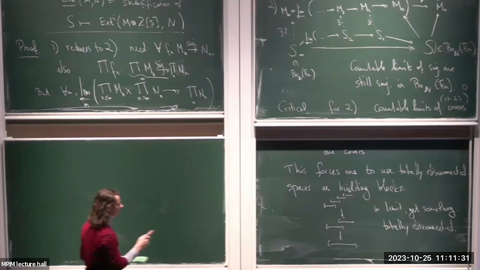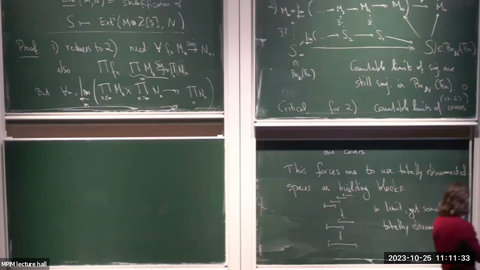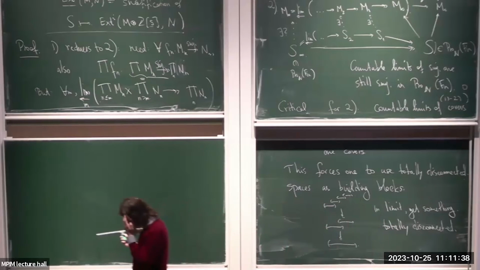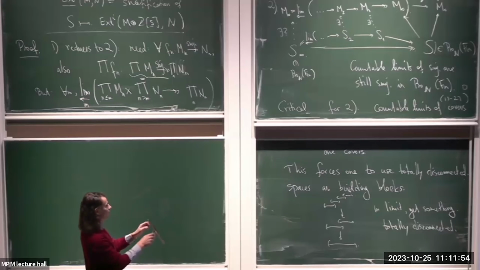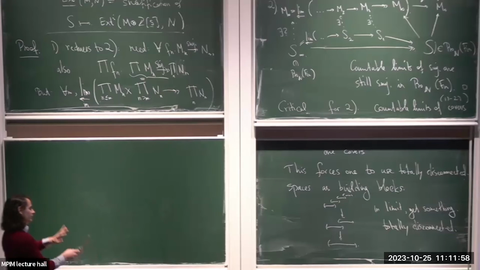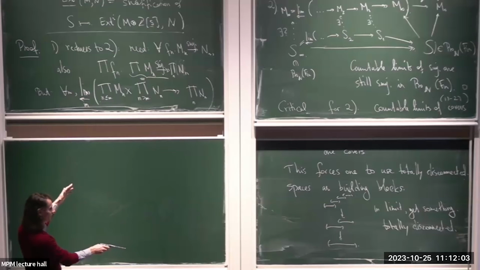And actually, I should maybe say that this is not some kind of ahistorical comment. This stuff about condensed sets comes from something called the pro-étale topology, originally in arithmetic geometry and then for schemes. And there the wish was precisely that limits of surjective maps should still be surjective, because we wanted to have certain sheaves which were naturally certain inverse limits, and we wanted them to be well behaved.